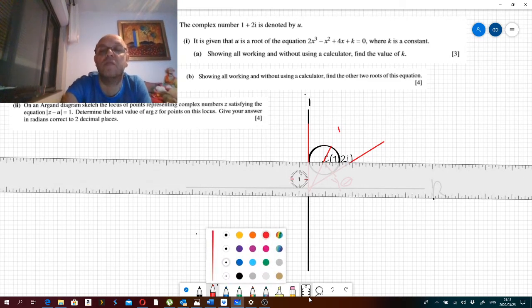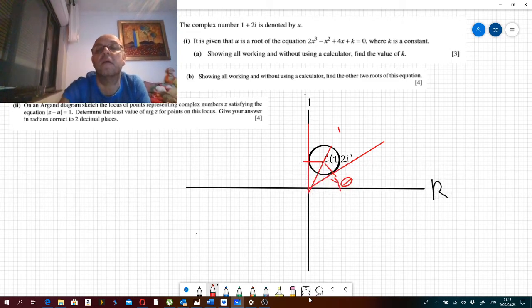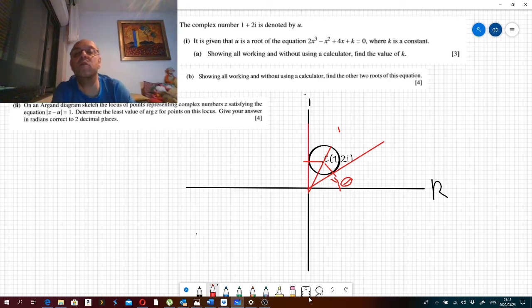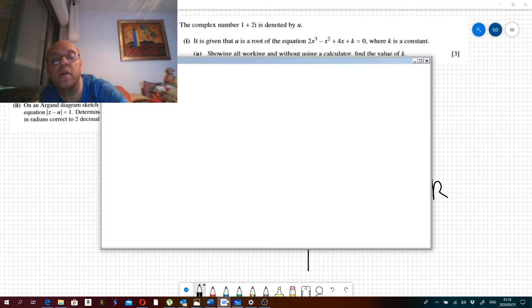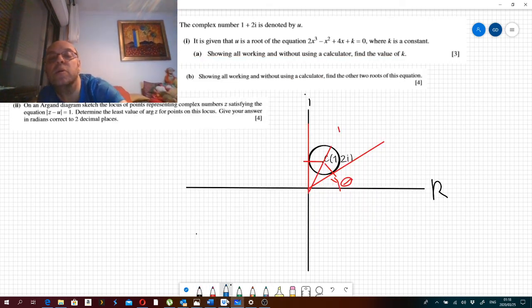And the 2 tangents are equal in length for a circle. Do we know the value of one length? Yes, we do. We know that this is 1 and this is 1, because they're both radii.